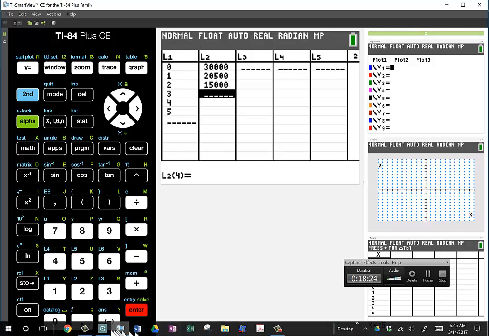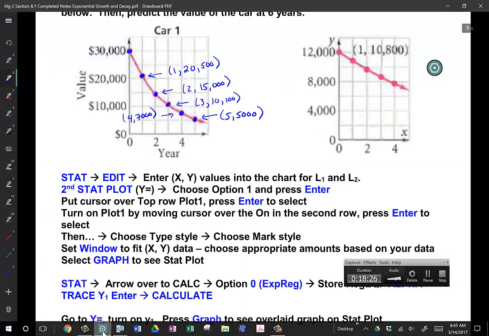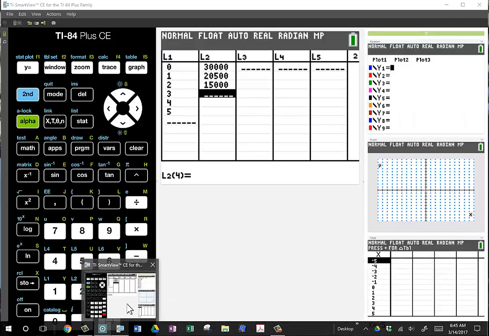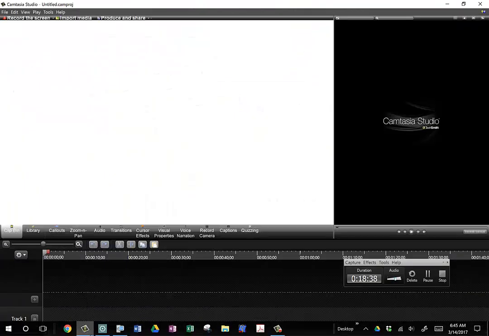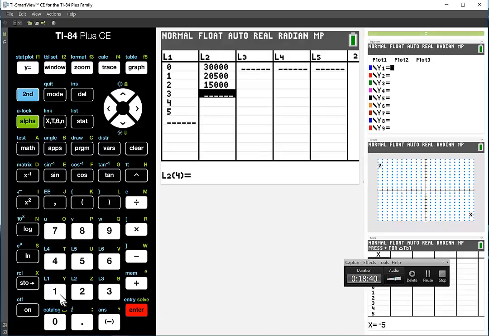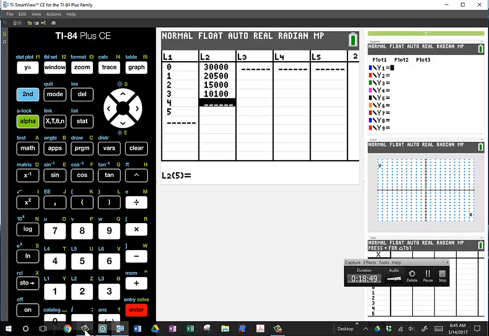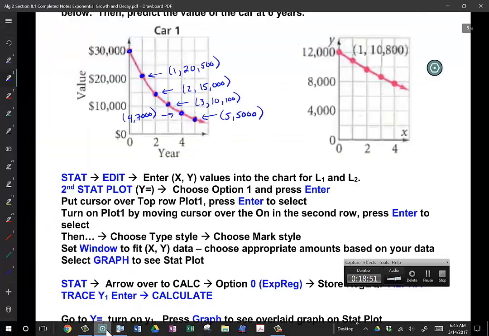At 3, we said it was at 10,100. At 4, we said it was at about 7,000.